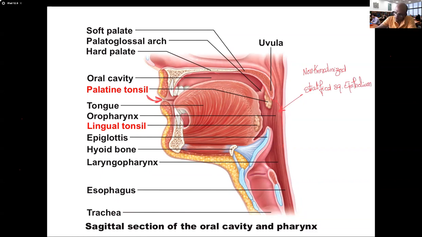The non-keratinized stratified squamous epithelium is the type of epithelial lining of the oral cavity, pharynx, and esophagus. The rest of the gastrointestinal tract is going to be lined with non-ciliated simple columnar epithelium, one row of columnar cells. And if you remember, we needed the stratified squamous epithelium to provide protection to those surfaces exposed to the outside.